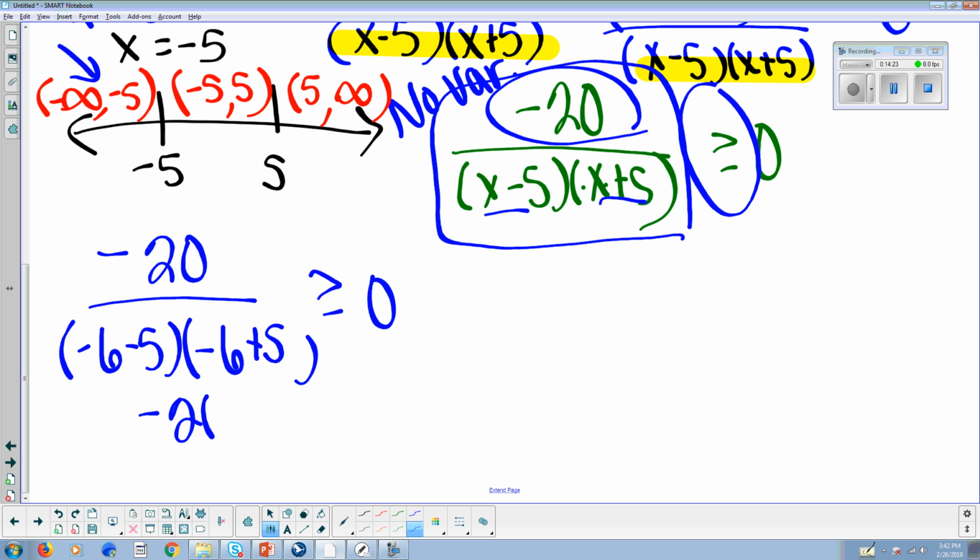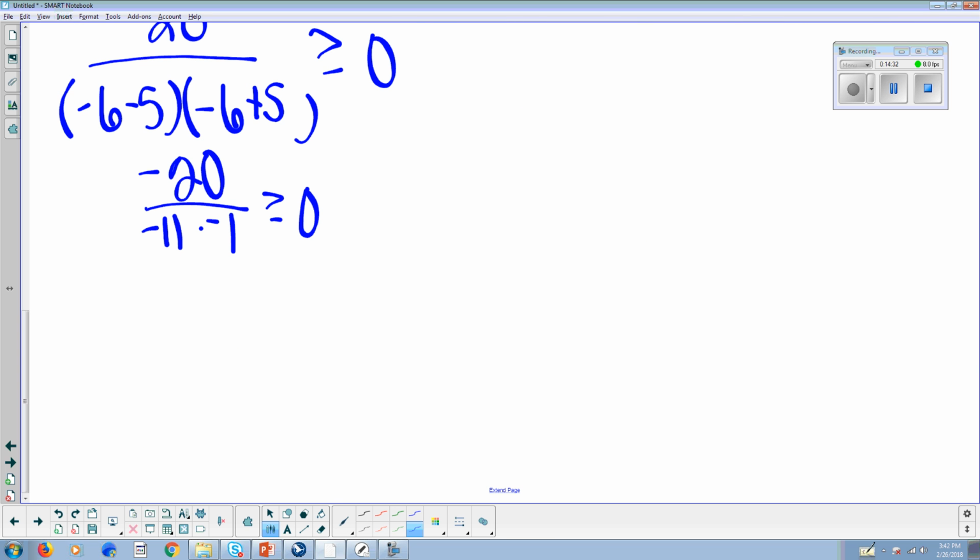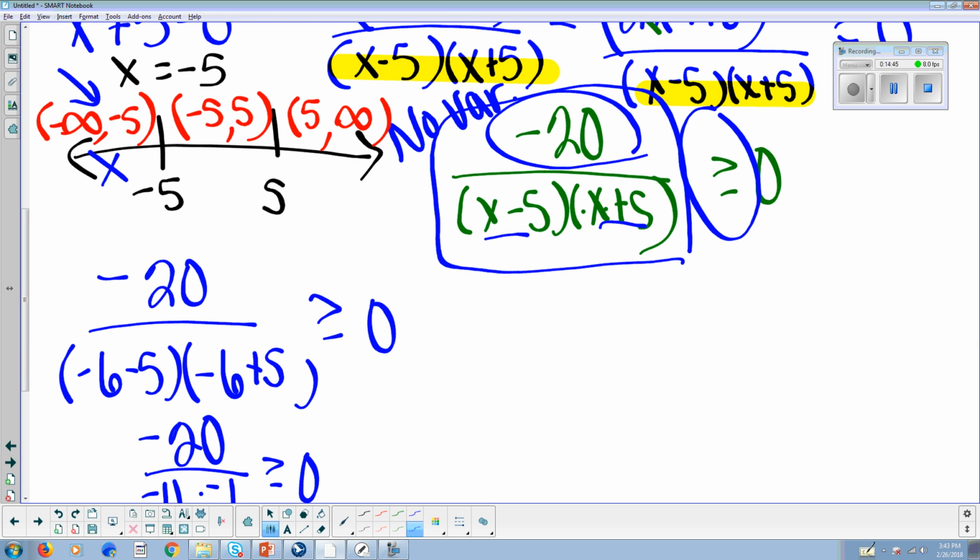So that's -20 over -11 times -1. Well, -11 times -1 is 11. So I end up with -20 elevenths. Is that greater than or equal to 0? No, that is not true. So we reject this first interval as part of the solution.